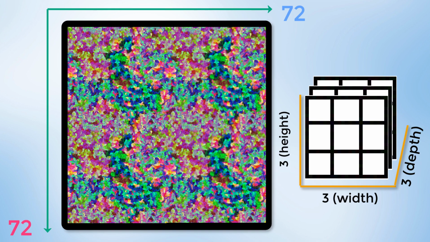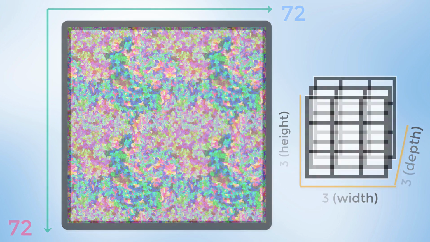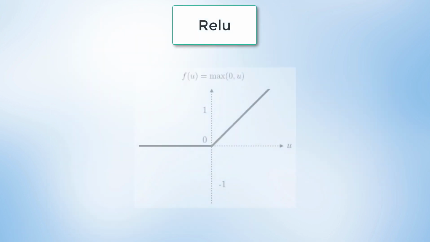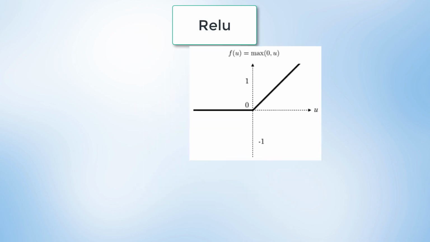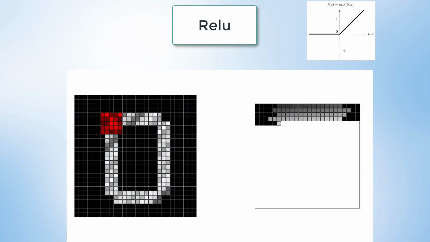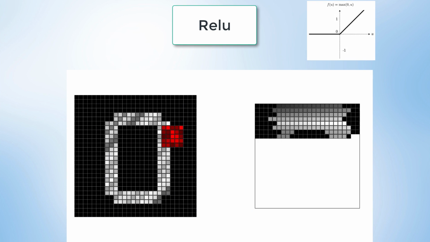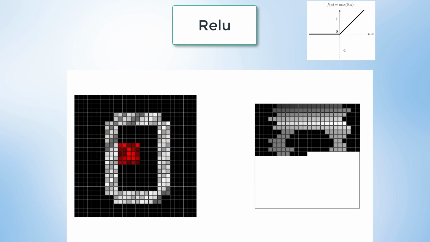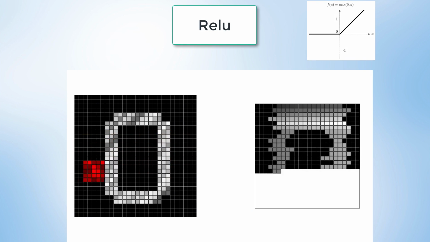Alright, and now after convolving the 3-dimensional kernel onto the image, which in turn would result in a 3-dimensional feature map, we then apply the ReLU activation function. The reason being, any kind of neural network must contain non-linearity, since most of the real-world data that the neural network is required to learn is non-linear. Yet the convolutional operation itself, when we convolve the kernel throughout the image, is performing a matrix multiplication and addition between the kernel and the image.